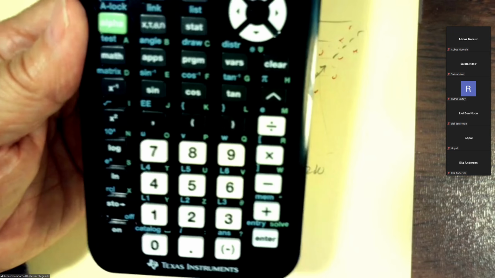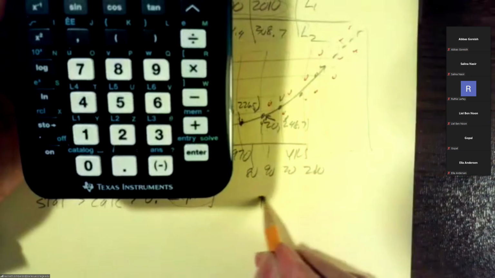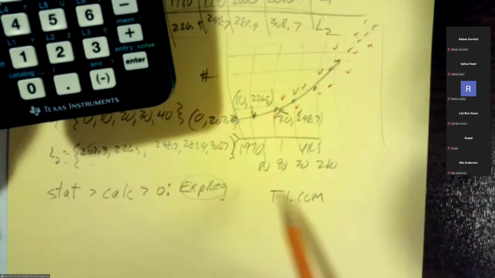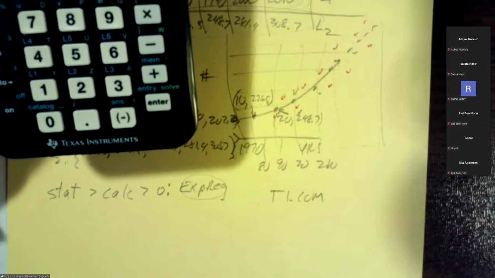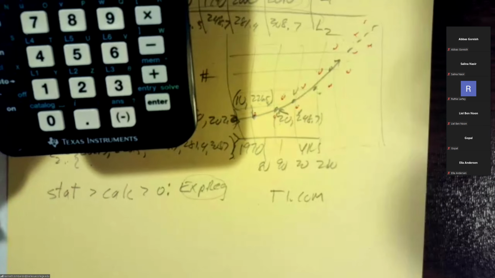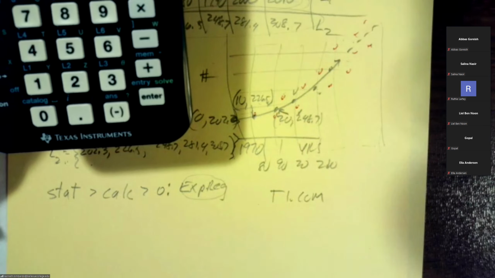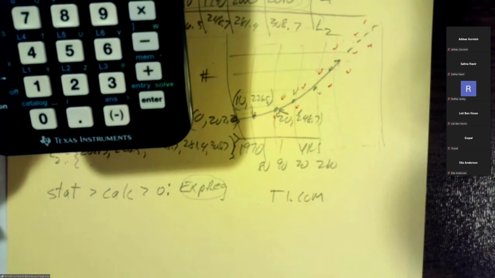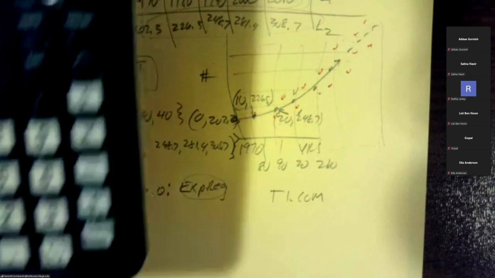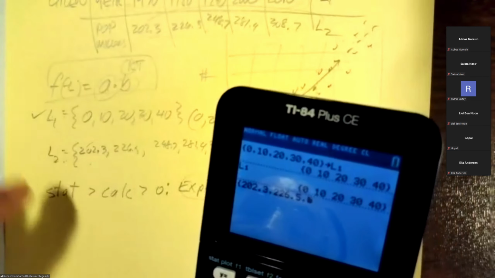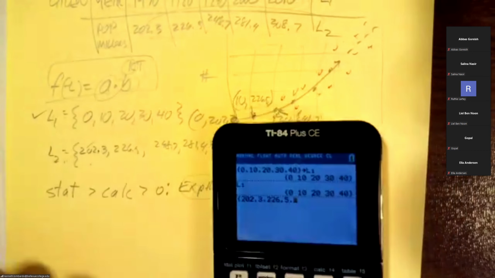There's one online at ti.com. If you go to ti.com and look in their section, they'll have a TI-84 calculator manual that you can download. You can also buy books online that show you a TI-84, so that you know how to enter various values, create lists, and use various functions on the calculator.